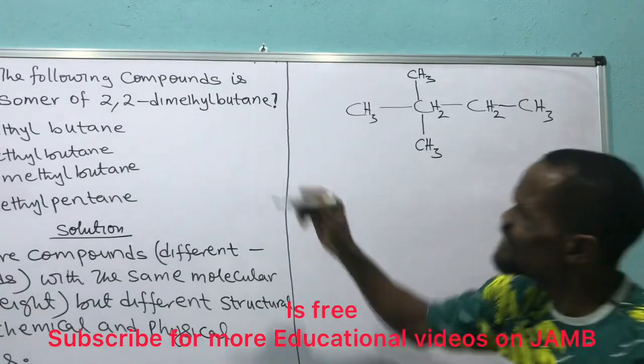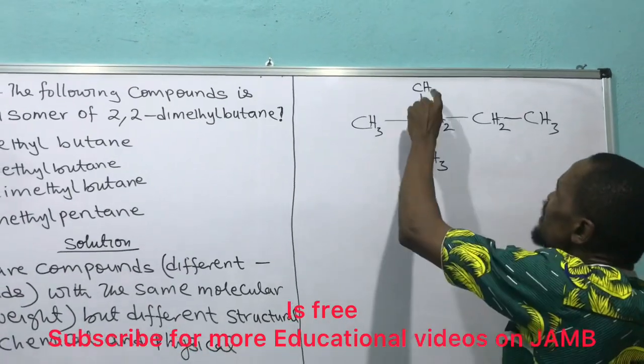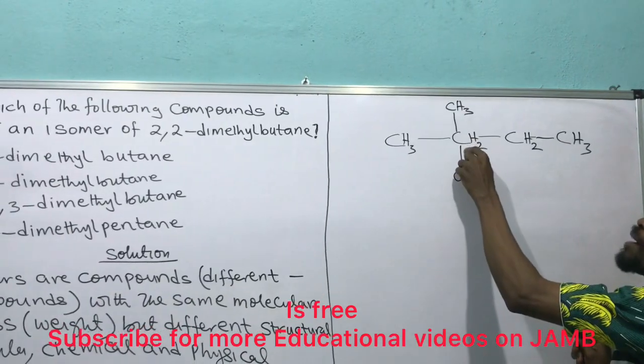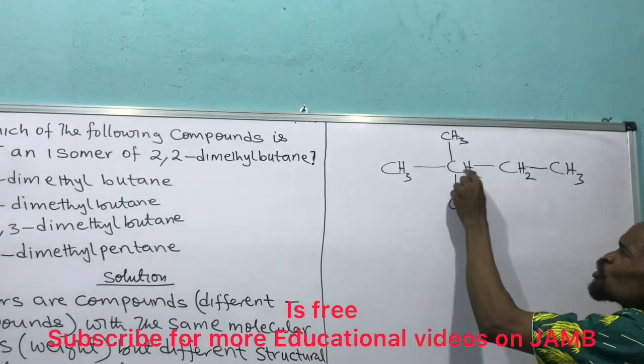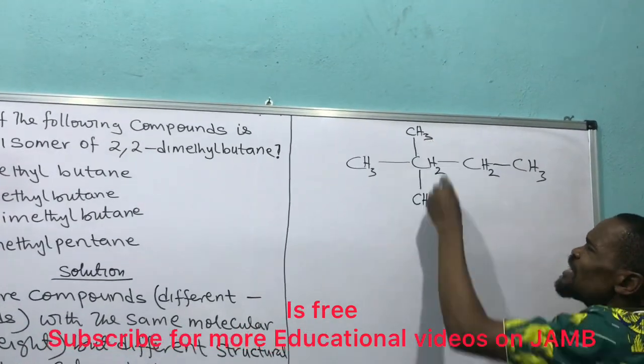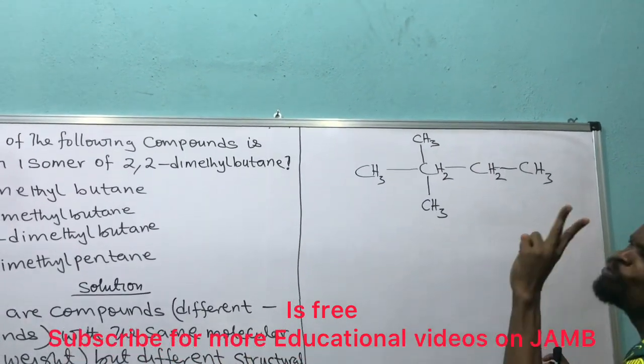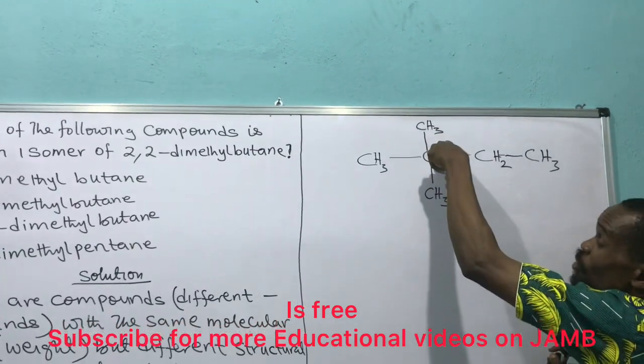Why is it di? Di means this is methyl, this is methyl, and they are both on carbon number 2.